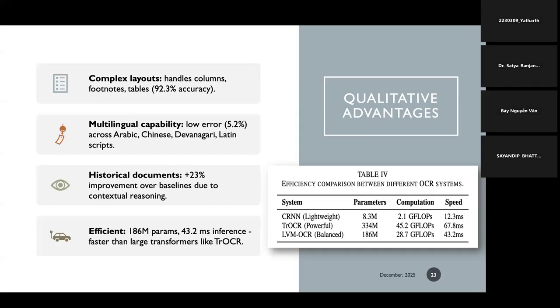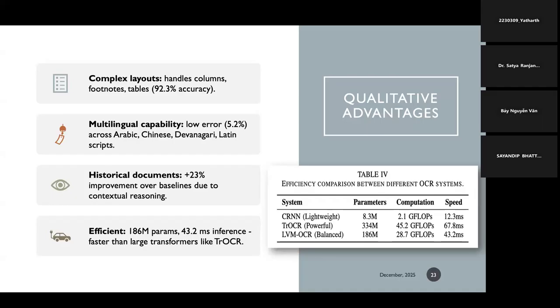Most AI gets confused here, but because LVM-OCR understands the whole page at once, it can untangle these layouts with 92.3% accuracy. It's also a polyglot.